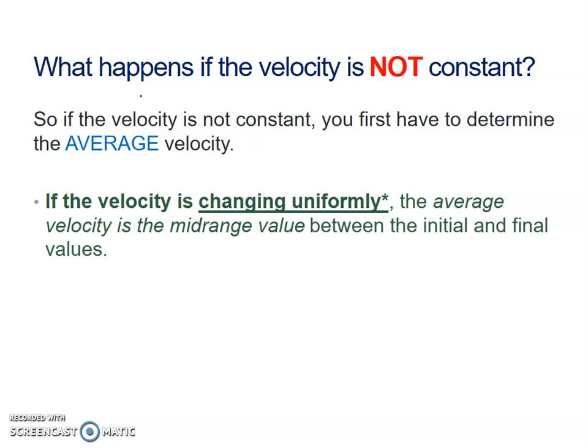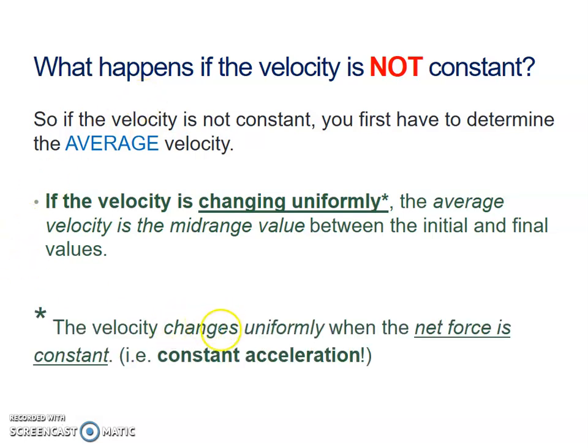So in other words, if you had a car that was increasing in speed from 40 miles an hour to 60 miles an hour uniformly, without some kind of herky-jerky change in the gears, that means the average velocity would be halfway between 40 and 60. It would be 50 miles an hour for those however many seconds it took to go from 40 to 60.